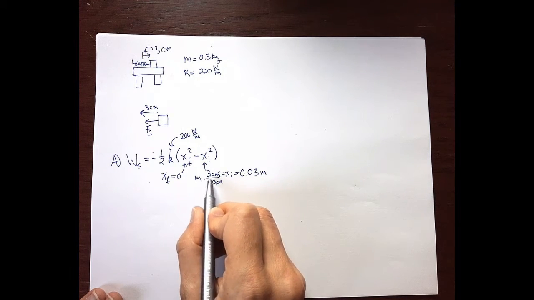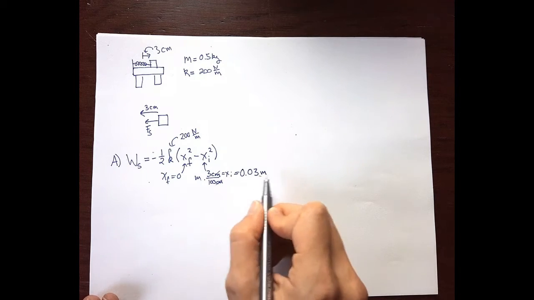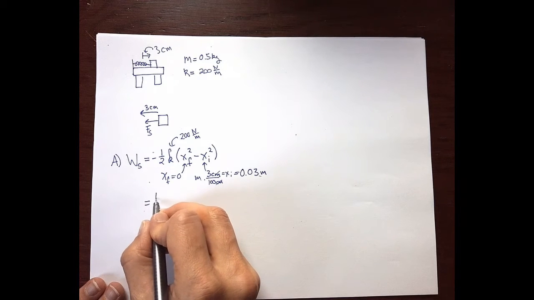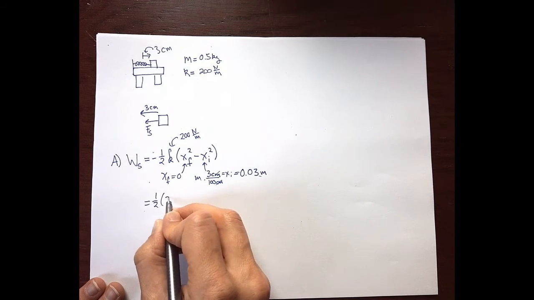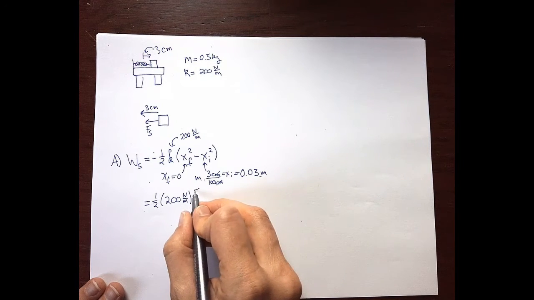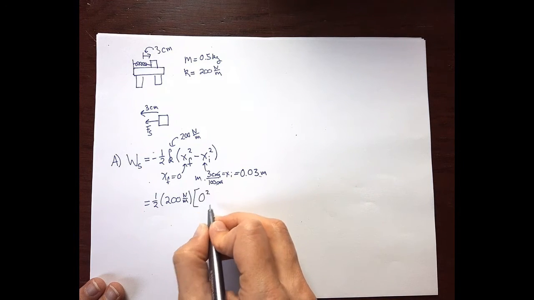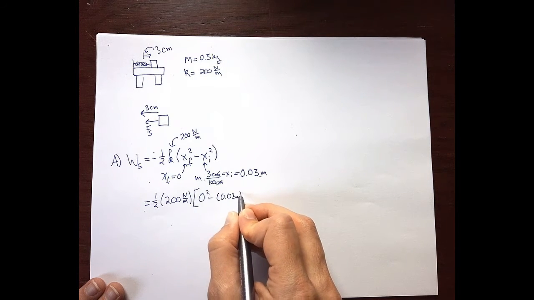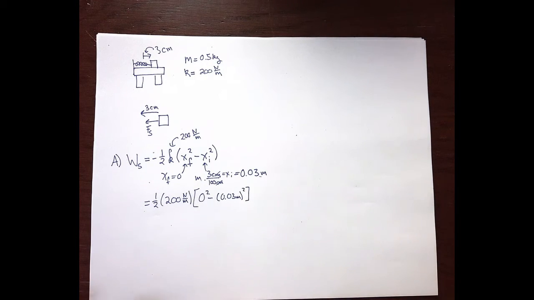So yeah, 100 centimeters in a meter. So that makes sense. That's our initial position. So we just go ahead and plug in 200 newtons per meter for the spring constant, 0 for the final position, 0.03 meters squared for the initial position.